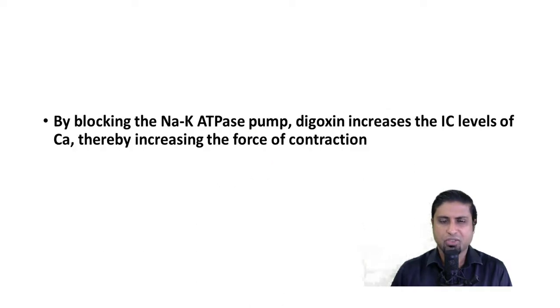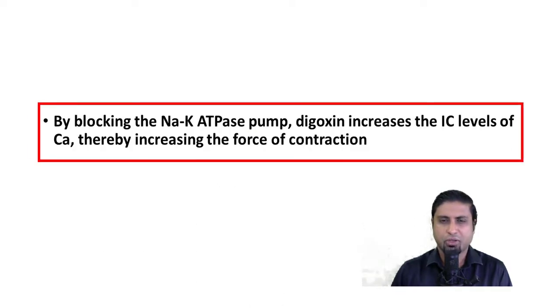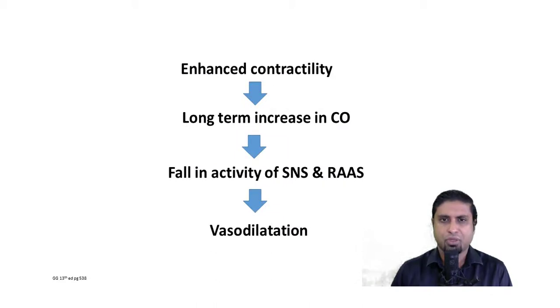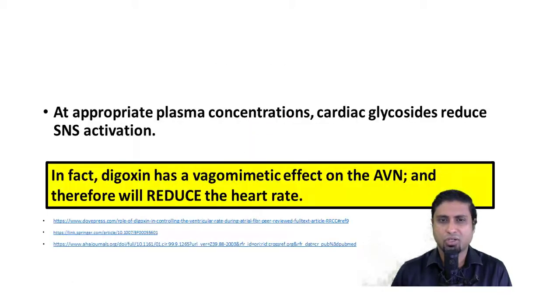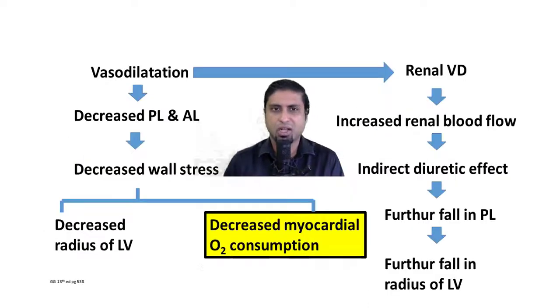This explains the positive inotropic effect of digoxin, and as we discussed earlier, it causes an enhanced contractility, an increase in the cardiac output, a fall in the SNS and RAS activity, resulting in vasodilatation that does not result in a reflex increase in SNS activity and RAS.